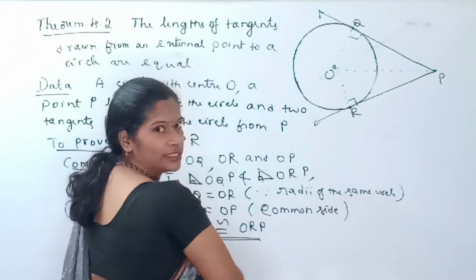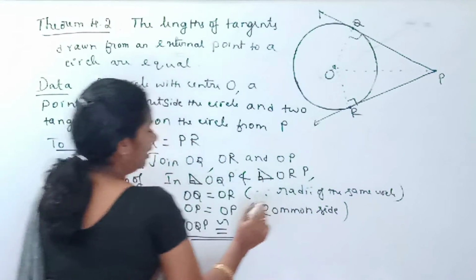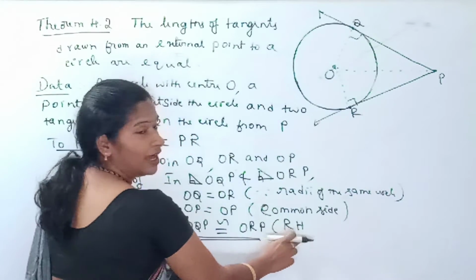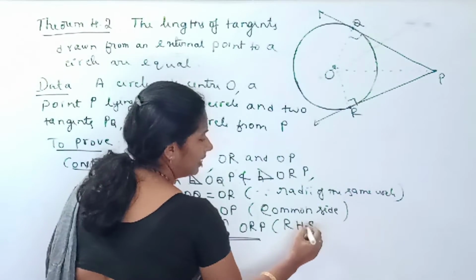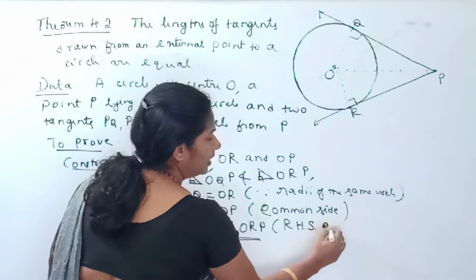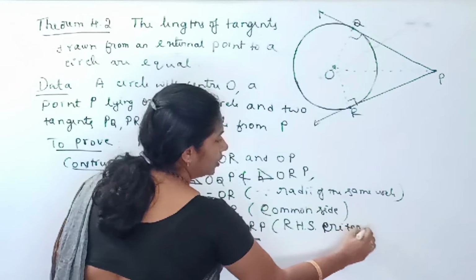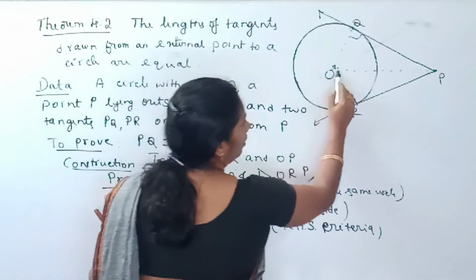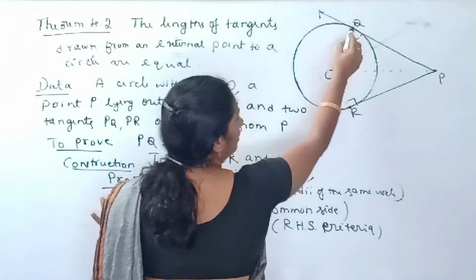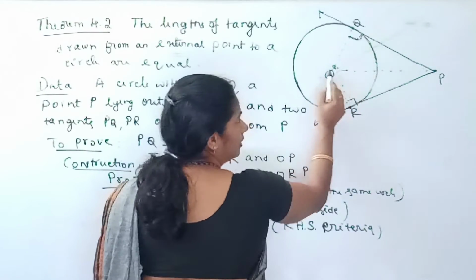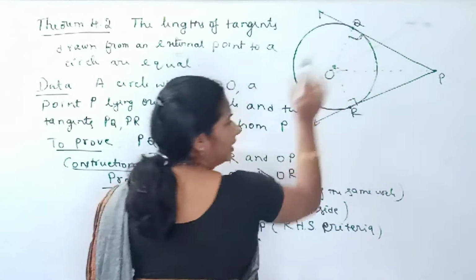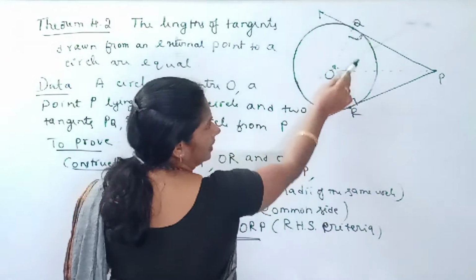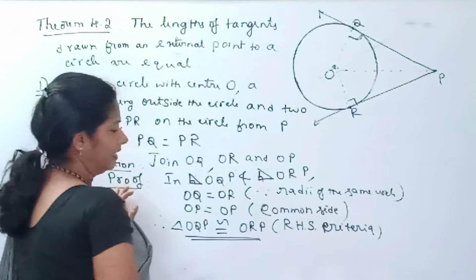By the first theorem we have learned that. Now by RHS criteria, right angle hypotenuse side postulate, OQ is equal to OR, and OP is the hypotenuse, and it should be right angle, hypotenuse and one side. If they are equal, then you can write these two right angle triangles are congruent.